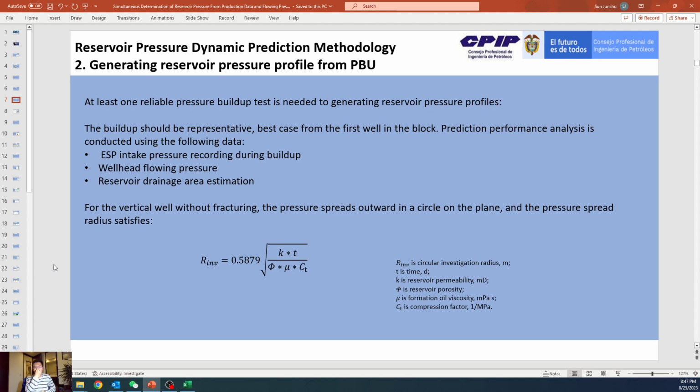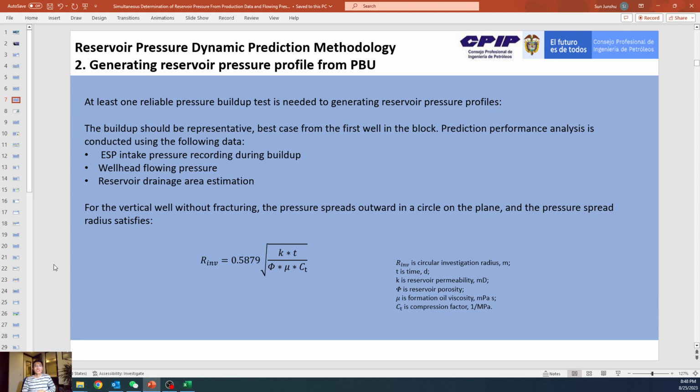Here, for a vertical well without fracturing, the pressure spreads afterwards in a circle on the plane, and the pressure spread radius satisfies the following equation.